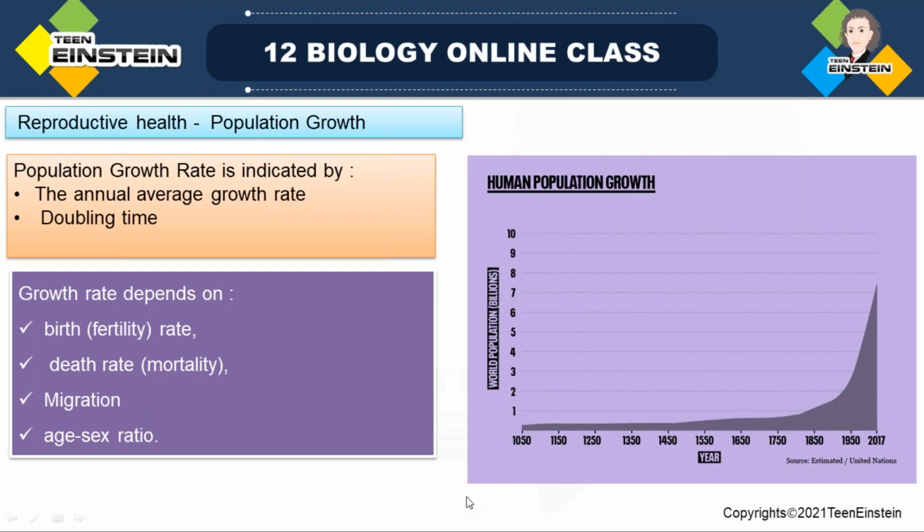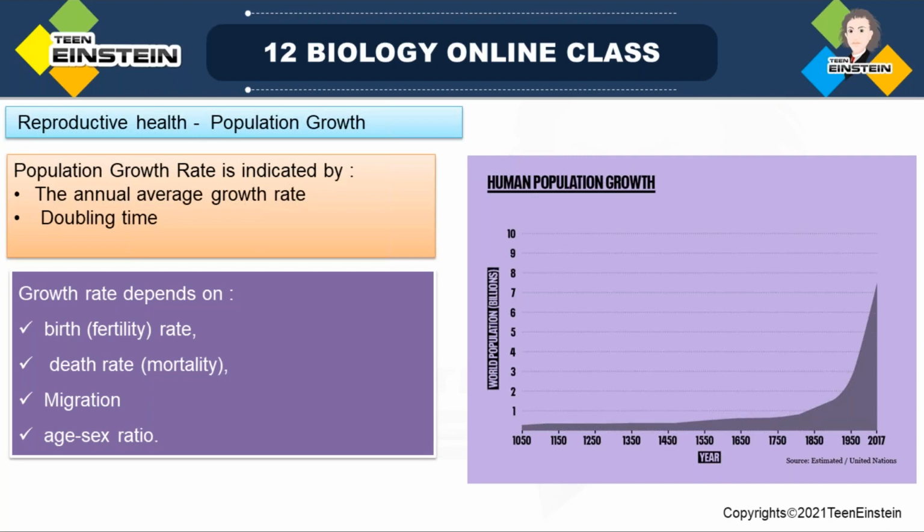Here you can see the increasing growth rate; in 2017 it's more, so every year it's increasing. Population growth rate is indicated by the annual average growth rate and doubling time. Note down: annual average growth rate and doubling time. These two affect growth rate. Okay.